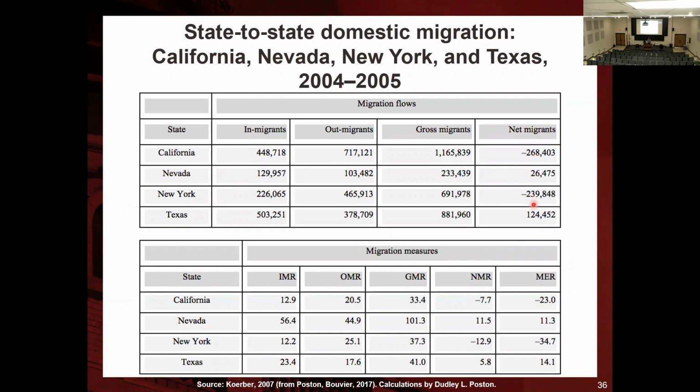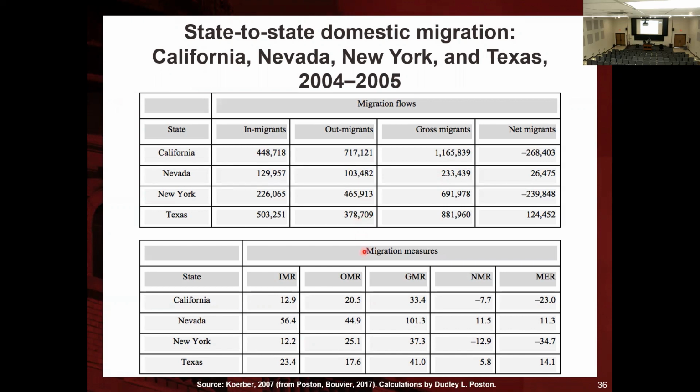The same thing for the state of New York, while Nevada and Texas gained more people compared to how many they lost. Texas gained more compared to how many they lost. And this is just internal migration: people coming from other places within the US and going out to other places within the US, other states.